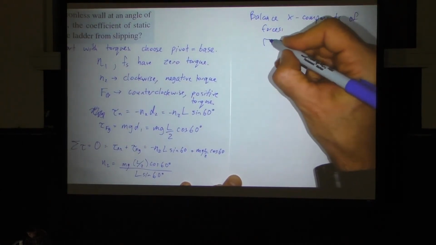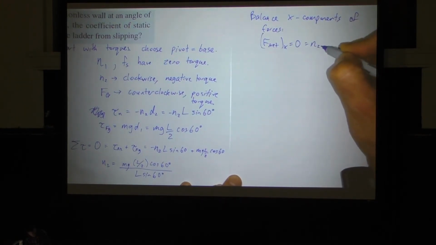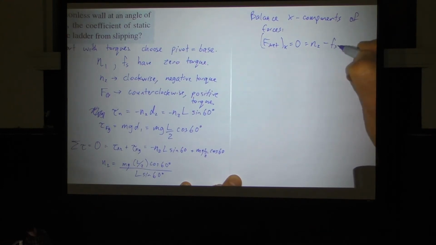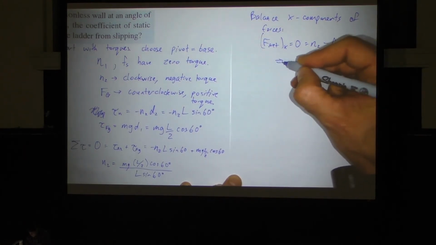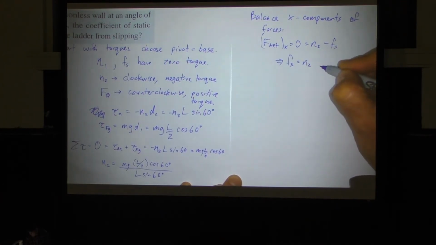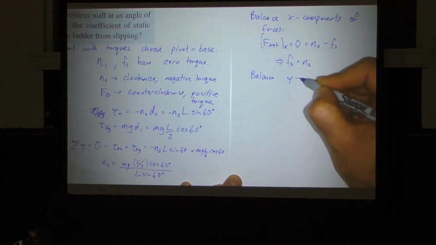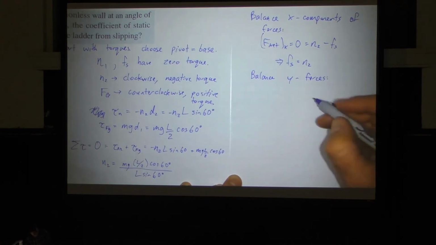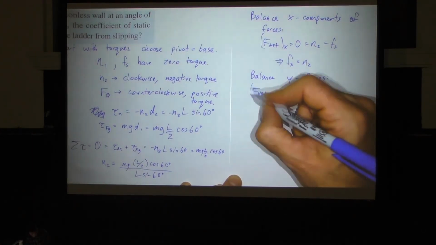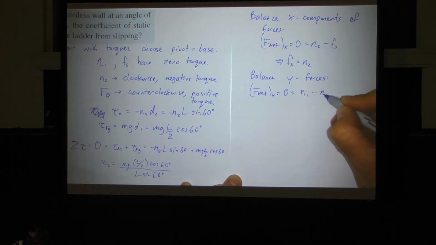And so F net in the x direction, which is 0, is going to be N2, which is pointing to the right, minus the static friction. And so that implies that this static friction is equal to N2. And then we can balance the y forces, and we say that F net in the y direction, which is equal to 0, is equal to N1 up minus mg.